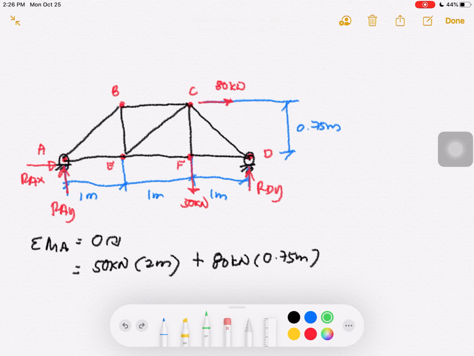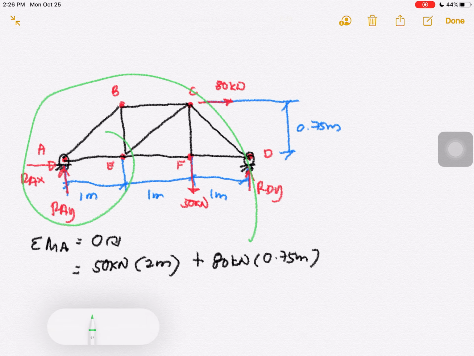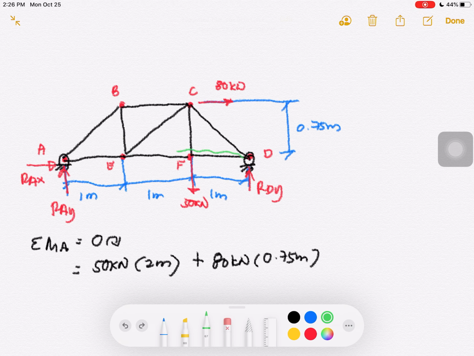Finally, we have our RDY. This one, it's going up, so it's counterclockwise. And the perpendicular distance is 1, 2, 3 meters. Okay, so that's negative RDY multiplied by 3 meters. So we just simplify those.